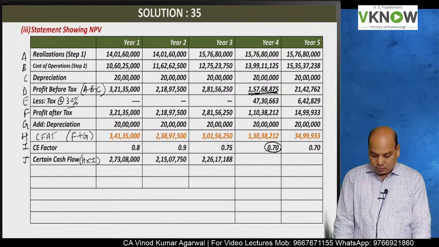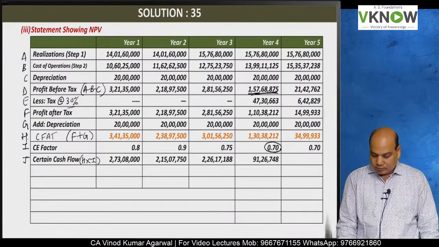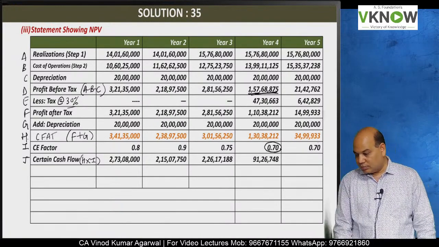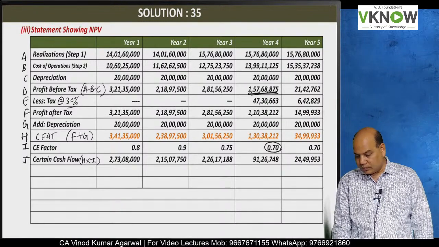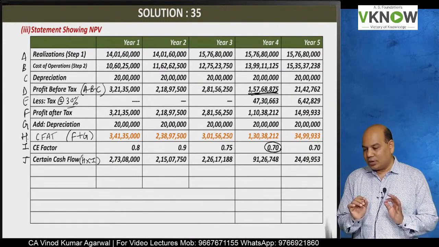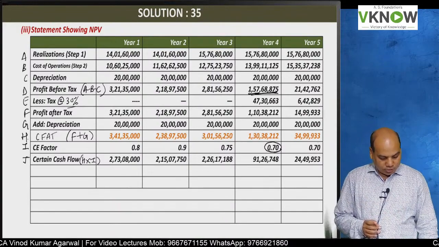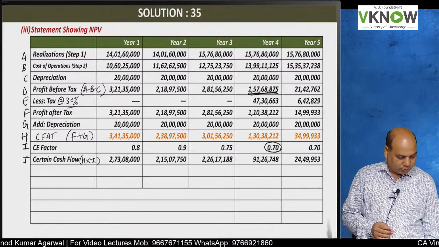Then third answer, fourth answer, and fifth answer. Do not copy. First check, then write. This is called certain cash flow.